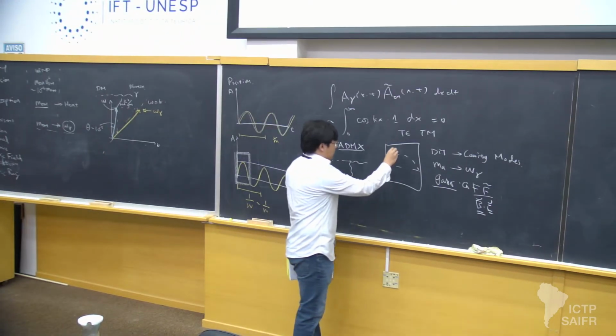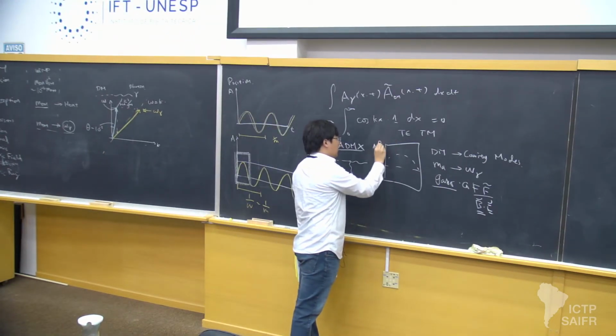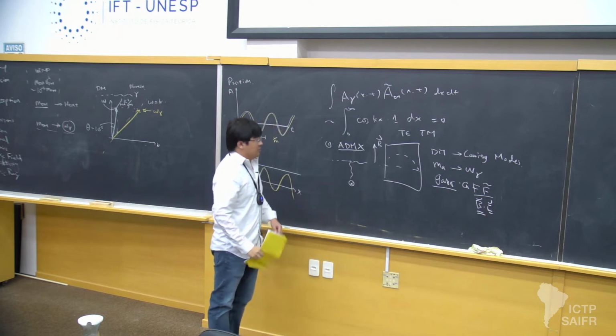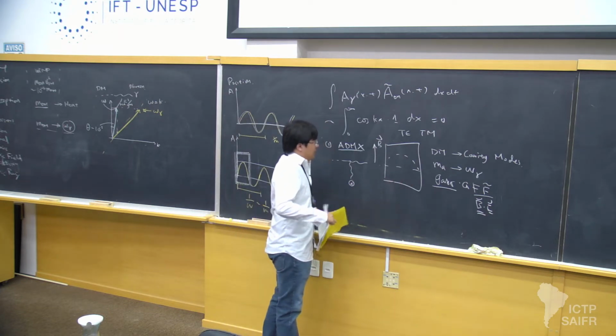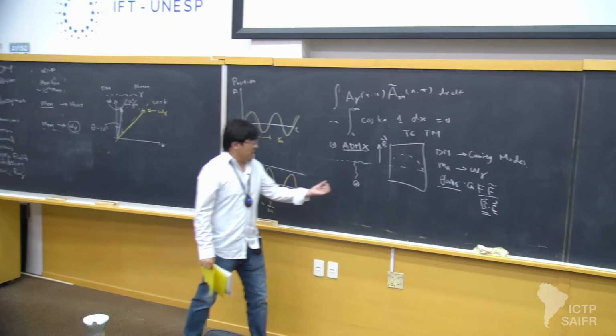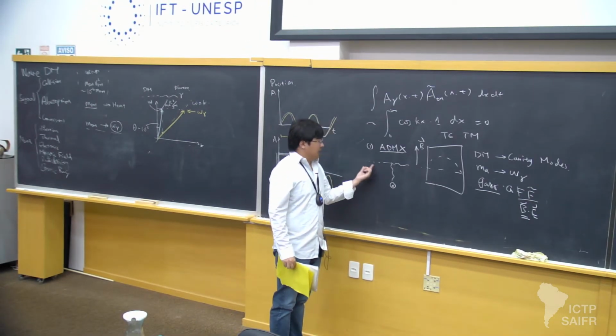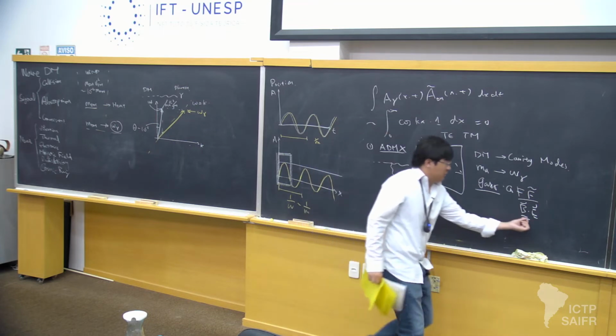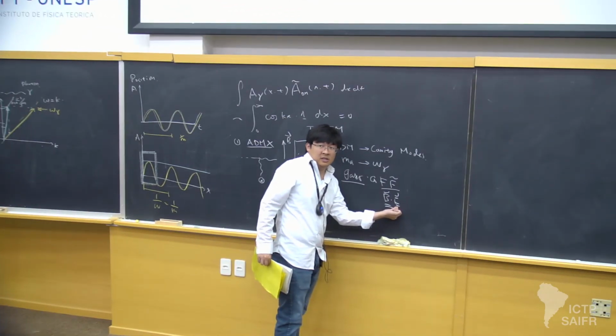I apply a strong magnetic field inside the cavity. And in the background of the strong magnetic field, the axion is going to convert into an oscillating photon, which is the cavity mode.